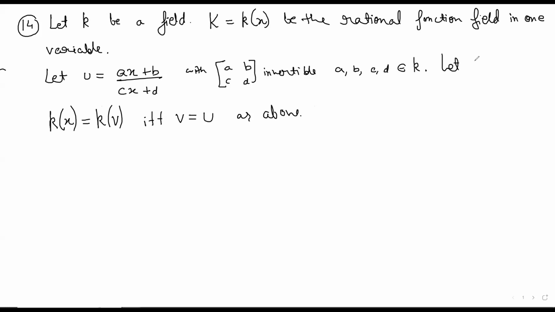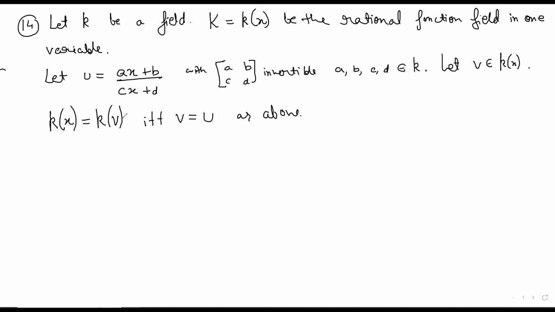Of course, I should say initially, let v be in this. So you're choosing some rational function, and from there you want to take rational functions of those rational functions. You're choosing v to be a rational function, and then you're taking the rational functions of that.